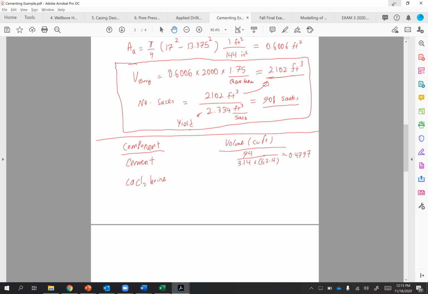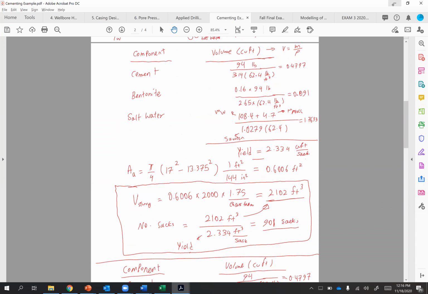Practically, this number will always be the same if you have the same cement, right? The only thing that changes this part of your calculation is the specific gravity of your cement, which depends on what type of cement you have, right? So that's going to stay the same, but the other part that changes is the CaCl2 brine.